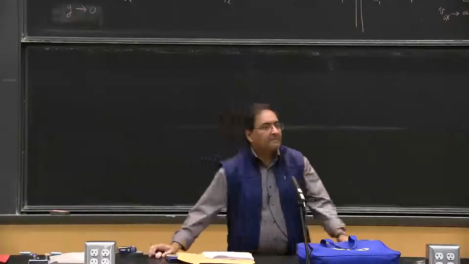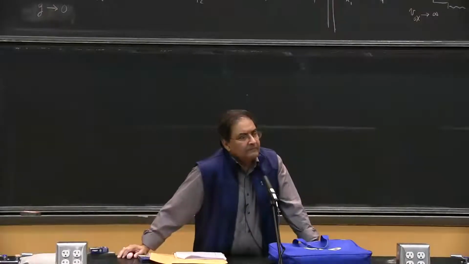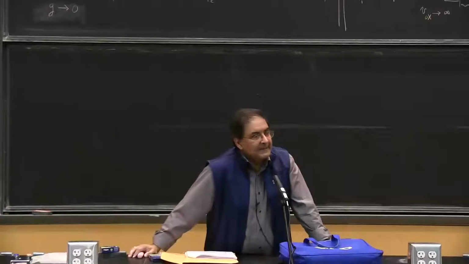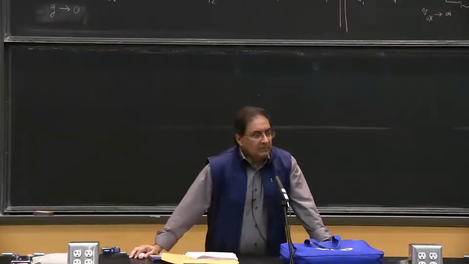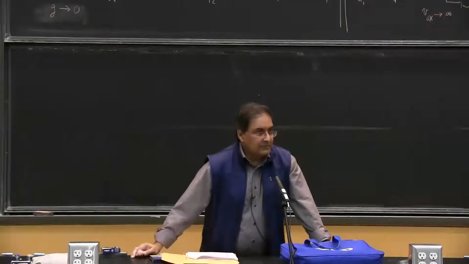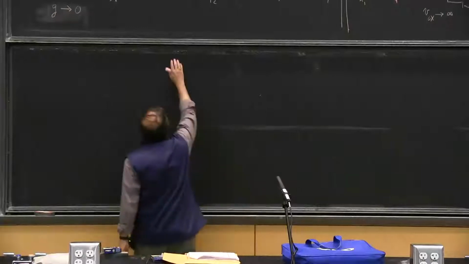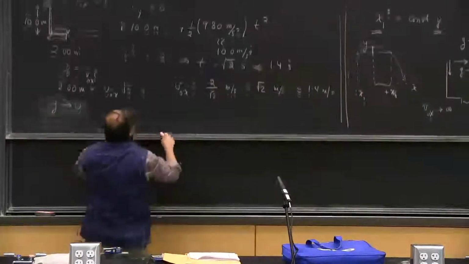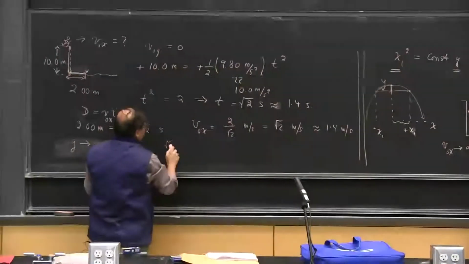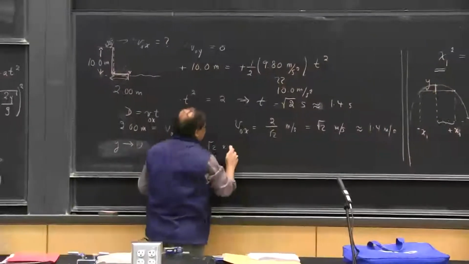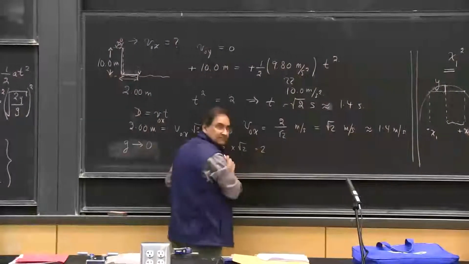Going back a ways, we have v0x equals 2 over the square root of 2. How does that become equal to just the square root of 2? Because 2 is square root of 2 times square root of 2, right? So, square root of 2, by definition, times square root of 2 is 2.